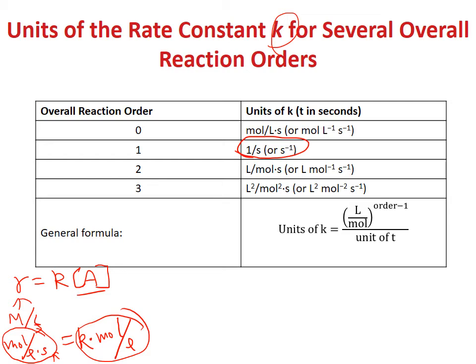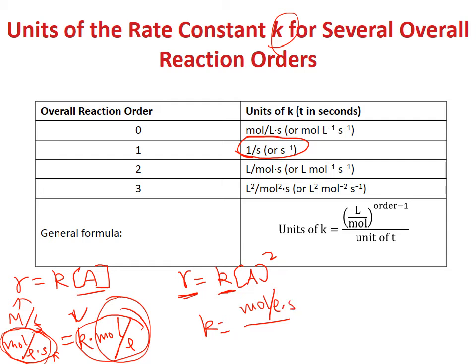Now in general, you can calculate the unit of K by the reaction rate unit divided by the concentration part. For example, if it's a second order reaction, R equals K times A squared, then the unit of K should equal the unit of R, which is moles per liter per second, divided by the concentration unit, which is moles per liter squared.